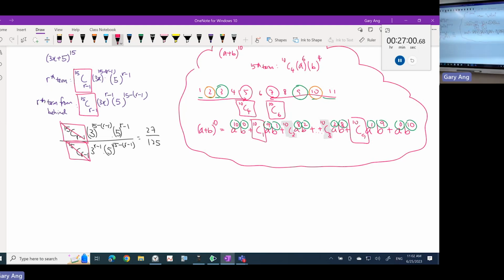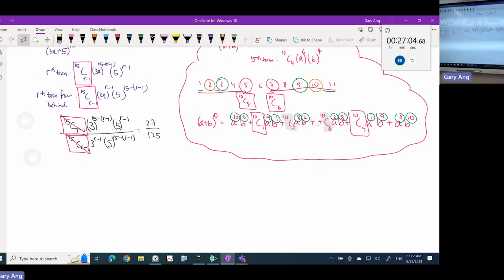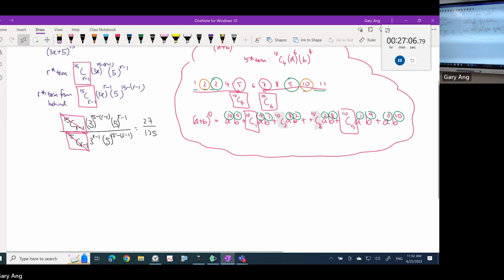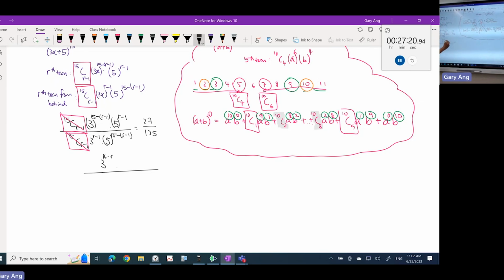Are we all clear? What we are left to do is to find R, and this suddenly becomes an indices problem, which is the law of indices. So what do I mean? Pay attention now. Simplify slowly. At the numerator, you have a 3. The power is 16 minus R. The numerator, you have a 5. This is the power.